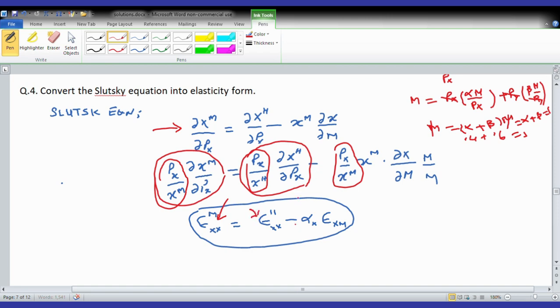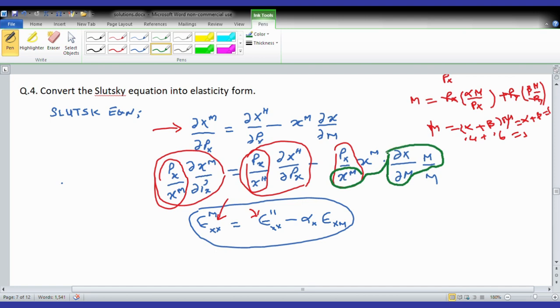Then minus comes here, and in addition to multiplying this last term by px over xm, I have divided and multiplied it by m and m. And when I did this, I am having this part. Let me take another pen. So consider this part along with this part.